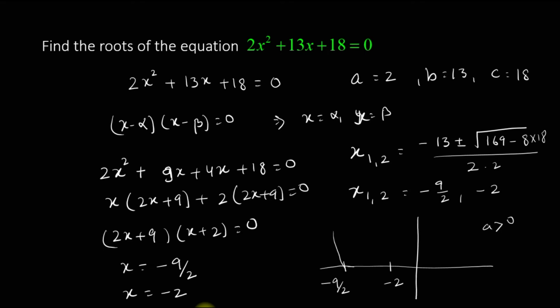We can draw such a graph. So we have to interpret the relation between the coordinate axes, the rectangular axes, and the roots. We can see different concepts of the quadratic equation: how to find the roots by using the factorization method and the standard formula, and also when we find such roots, we can draw the quadratic equation graph.